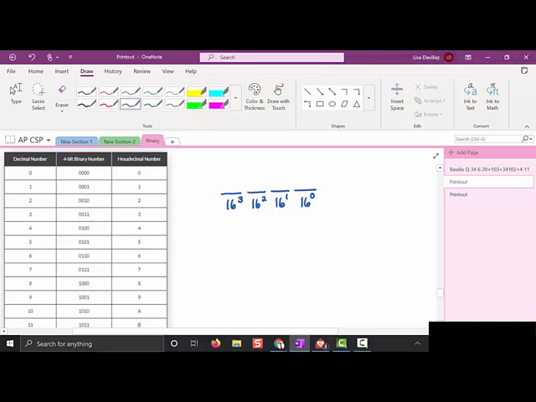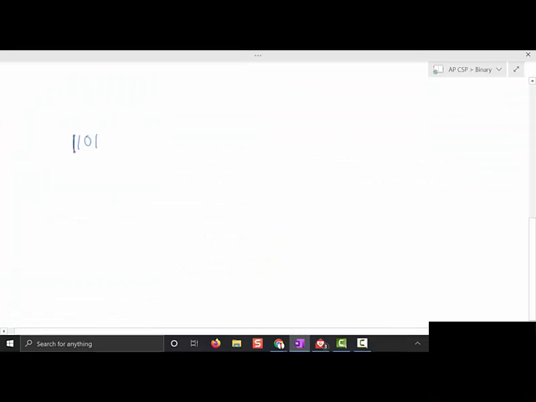So we have 1, we have 16, and then 16 squared is 256, and 16 cubed is 4096. All right, 1 1 0 1 0 0 1 1.